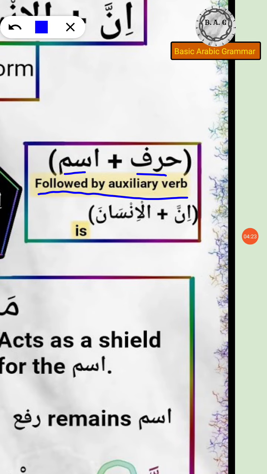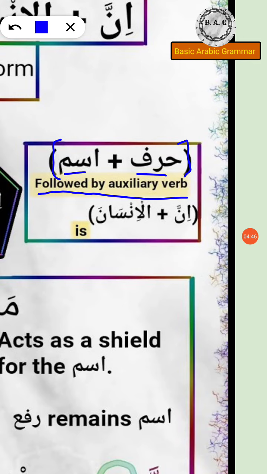So the word am here is the helping verb or auxiliary verb. Similarly, if I say he reading, that's wrong because he is reading or he was reading. These are called auxiliary verbs, and an appropriate auxiliary verb should follow this harf and its ism combo.